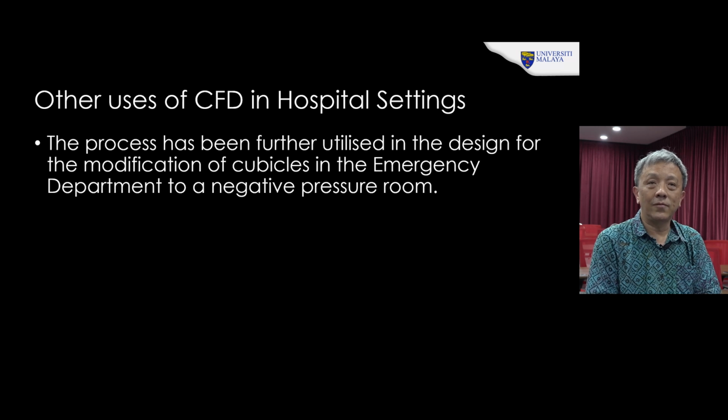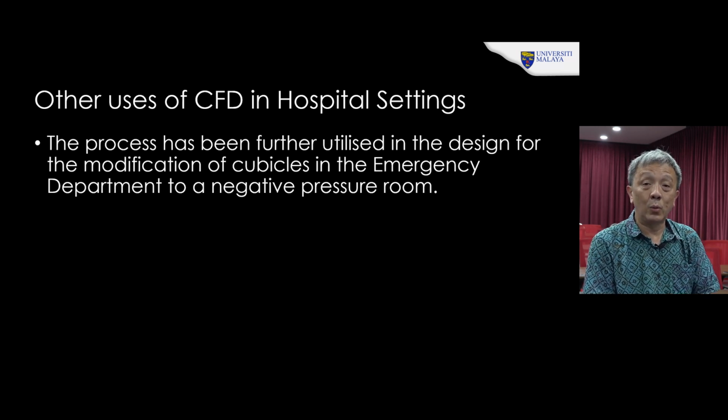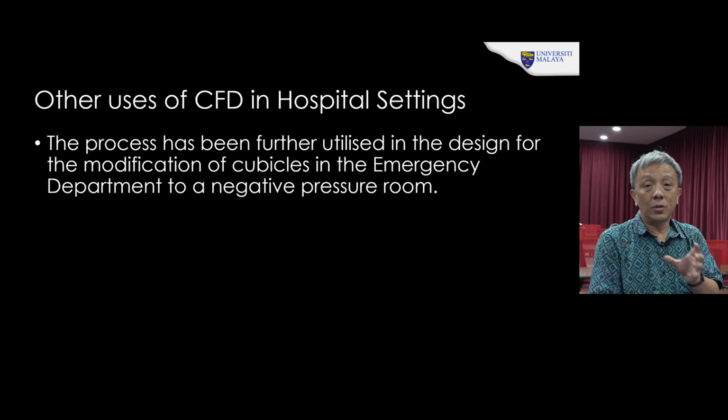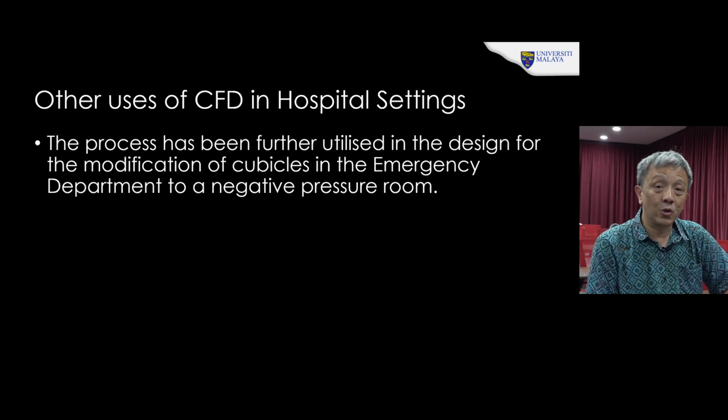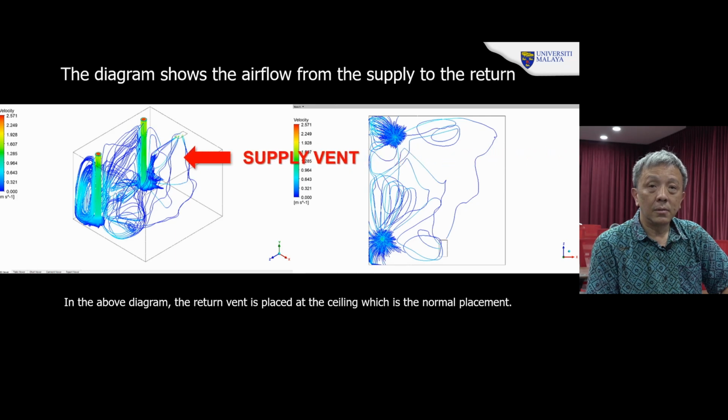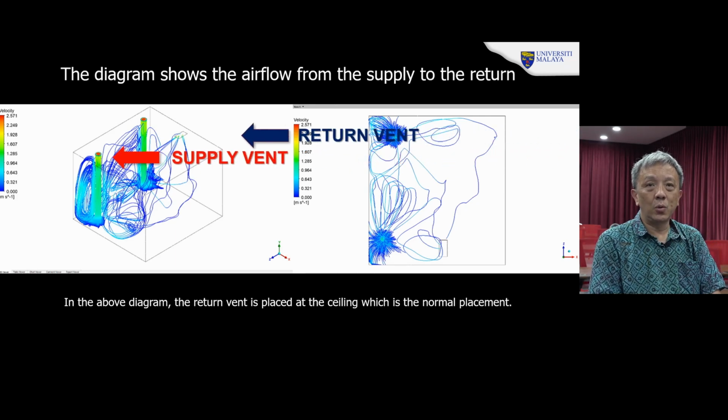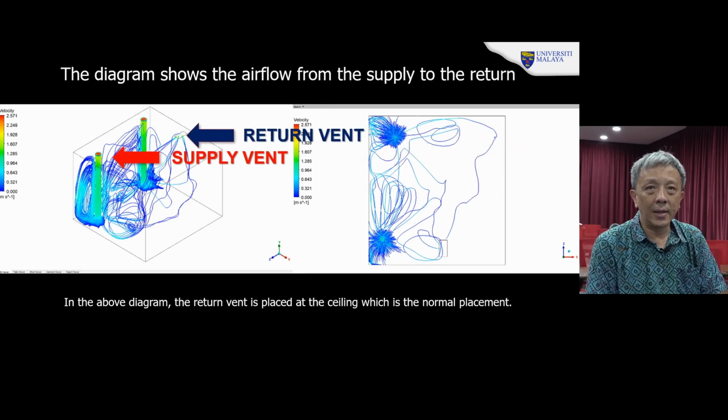Other uses of CFD in a hospital setting: what we have done is to use CFD to design a new ward, which is an isolation ward. The diagram shows the supply and the return.